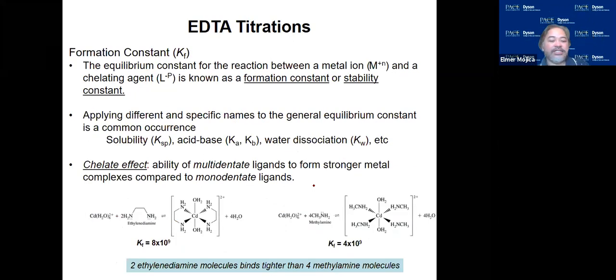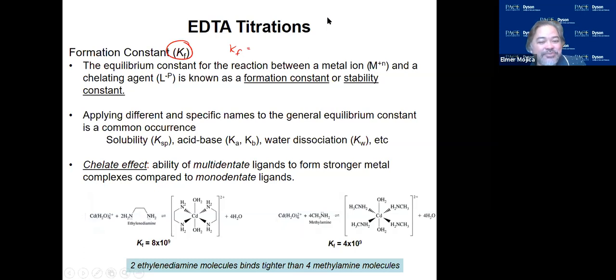And the way that they look at this EDTA is based on the Kf value. Kf has something to do with complex ion formation, the formation constant. If you recall in your Gen Chem 2, Kf is very unusual because it has a very high value.